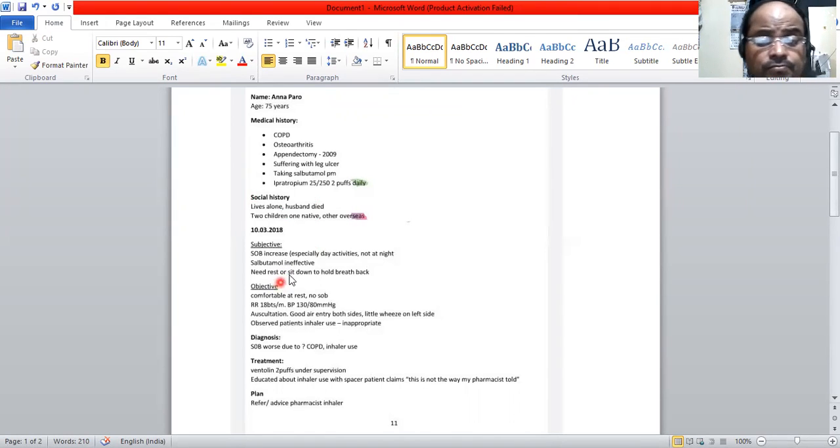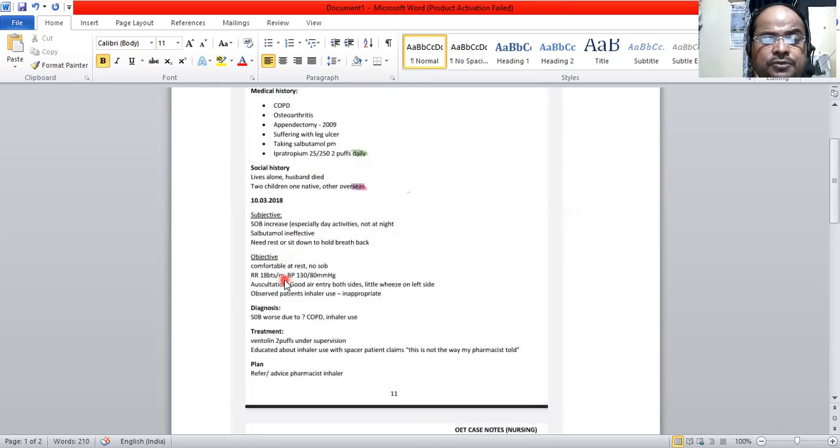Now, let us consider the objective observations. We can see that the patient is comfortable at rest and not having any shortness of breath. The respiratory rate is a little bit higher, but not by much. BP is normal.